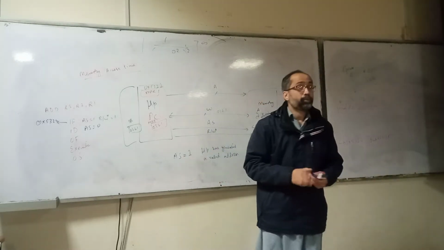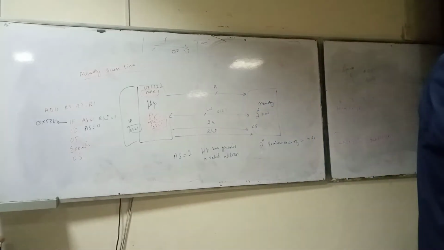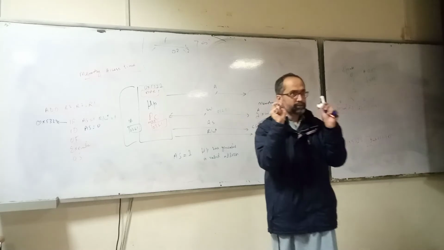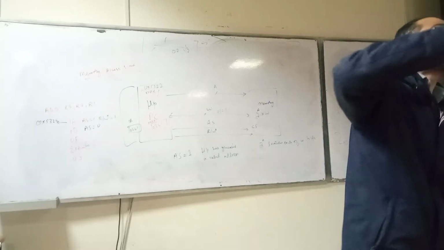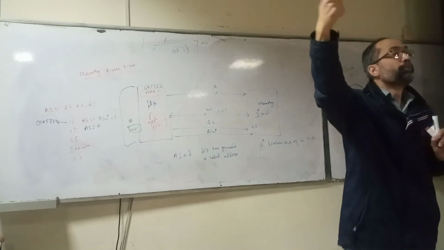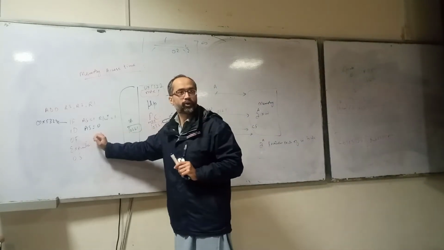The address probe is 1 when the microprocessor generates a valid address, which it does when it intends to read data from memory or write data to memory. So in this case, address probe will be 0.